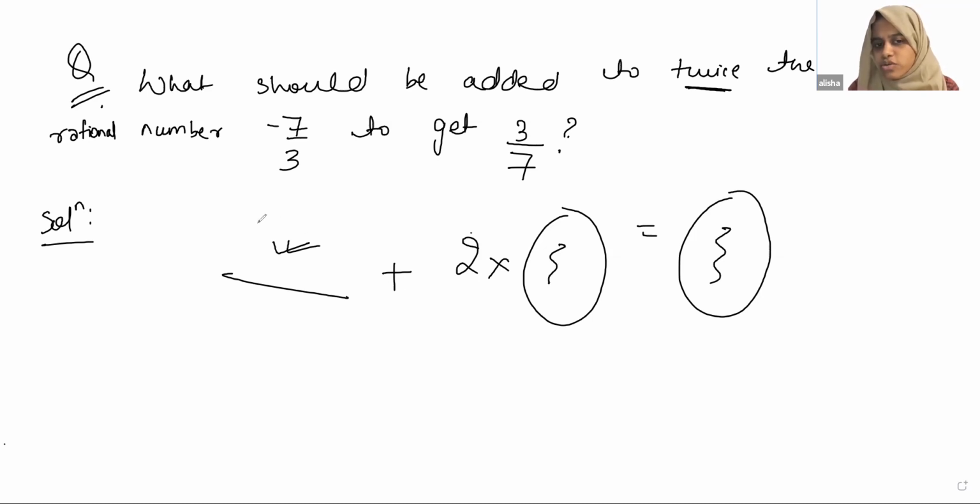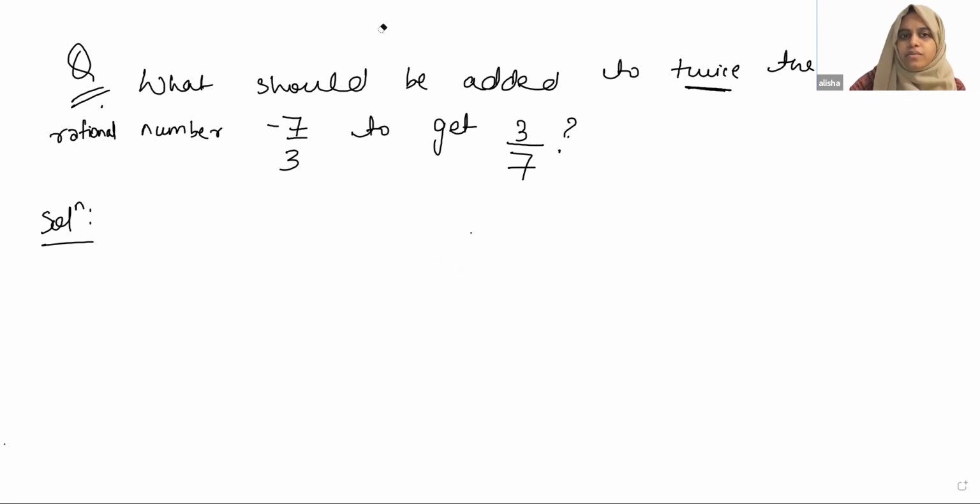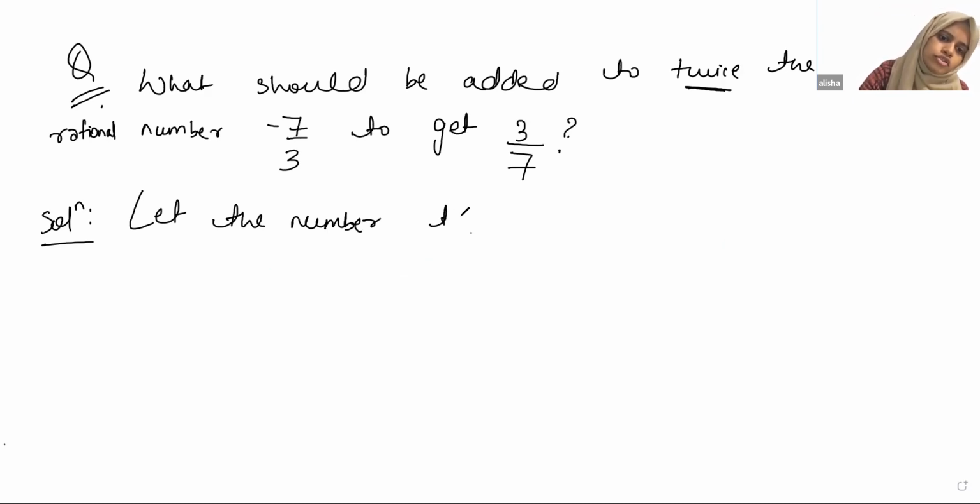So what will you assume? Missing number is x. Yes. Let the number to be added be x.